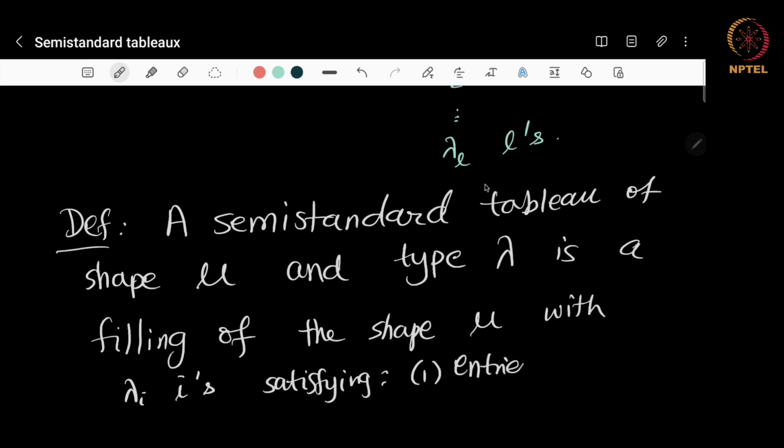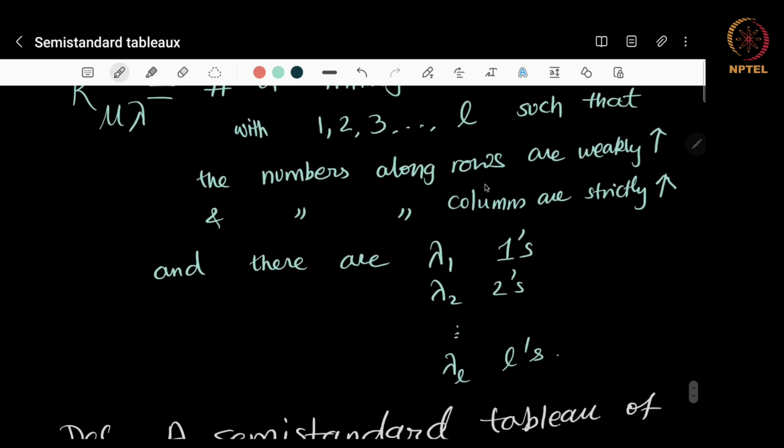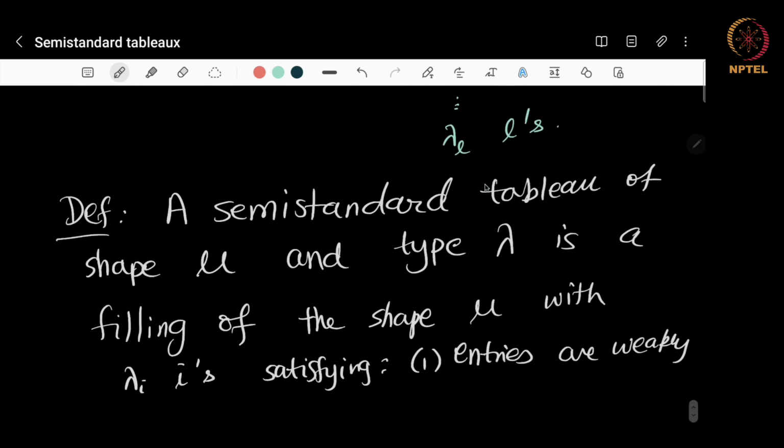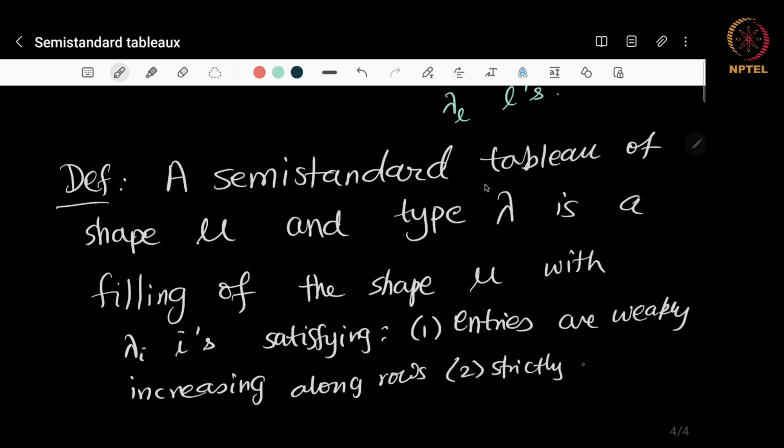Entries are weakly increasing along rows and strictly increasing along columns.